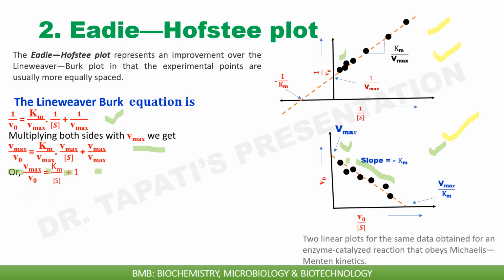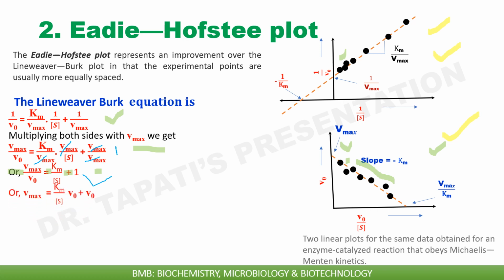Or we can solve it as Vmax by V0 is equal to Km by S, as we can cancel this Vmax and this Vmax, and Vmax by Vmax means 1. So we are getting this simple formula: Vmax by V0 is equal to Km by S plus 1.